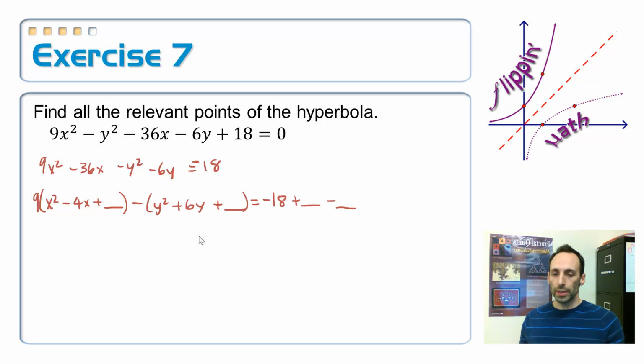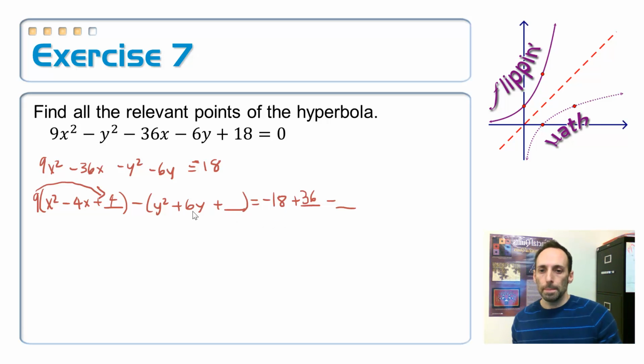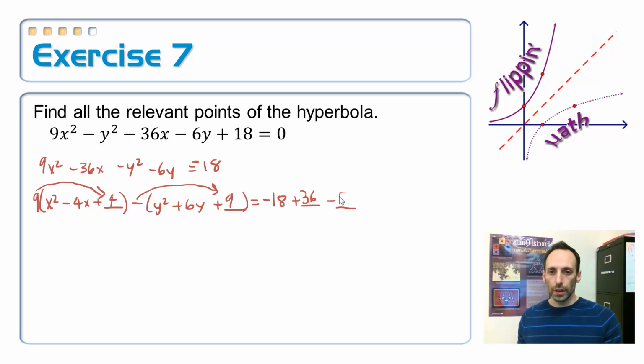We subtracted that number, or we will subtract that number. So I take half of the negative 4, 2 squared is 4, multiply here, and I get 36. So I got to add 36 to the right-hand side. Okay. Take half of the 6 and square it, so 3 squared is 9, but I didn't really add 9. I added negative 9, so I have to subtract the 9 over here.